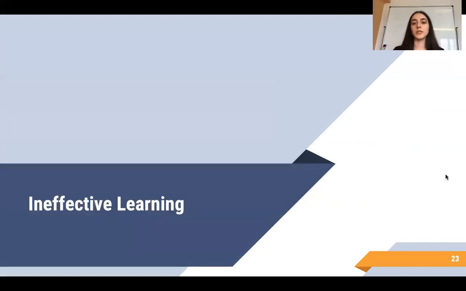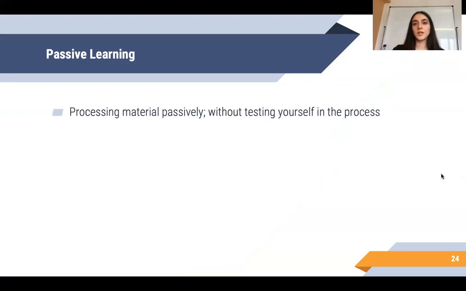All right, so in this section of the seminar, we're going to talk about how you can study for science. We're going to start with ineffective learning, and hopefully you can identify some mistakes that you might be making. So let me introduce you to passive learning. Passive learning is an umbrella term for any study method that doesn't involve testing yourself.